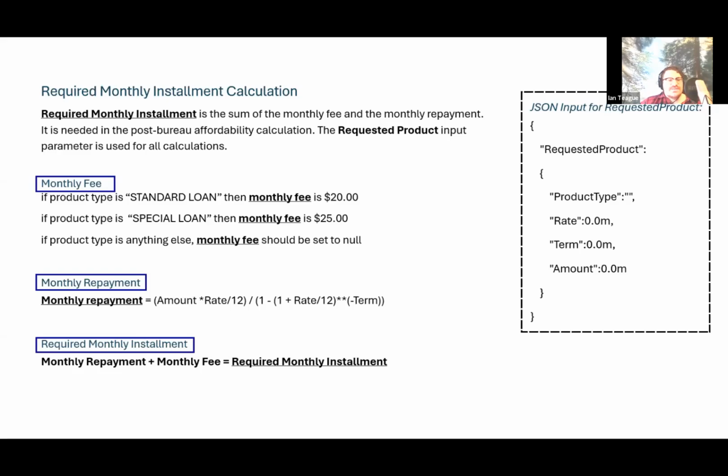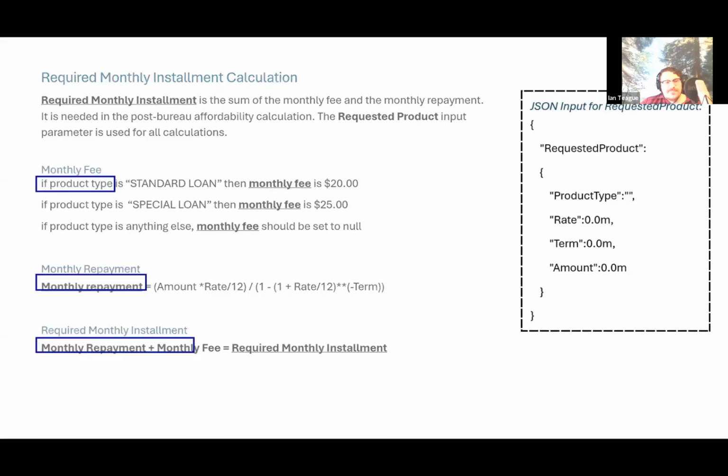In the monthly repayment section, we have a formula that uses the rate, term, and amount from the requested product input. And the final output is the required monthly installment, which is a sum of those first two sections, monthly fee and monthly repayment. And now we're going to see how to take these requirements and actually create them as a DMN boxed expression.